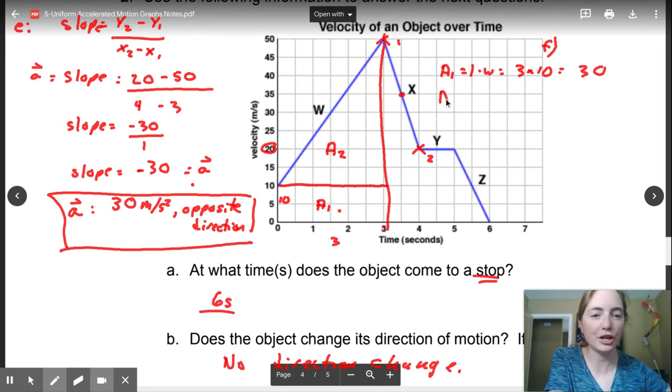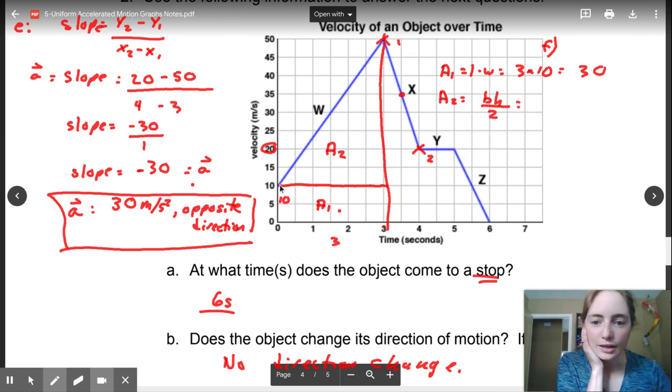Okay. Now, let us look at that triangle. My area 2, well, that's a triangle. That's going to equal base times height over 2. Well, let's look at the base. So we've got the base 0 to 3, so that base is 3. Now let's look at the height of this triangle. The most common mistake that I would see for something like this would be 50.